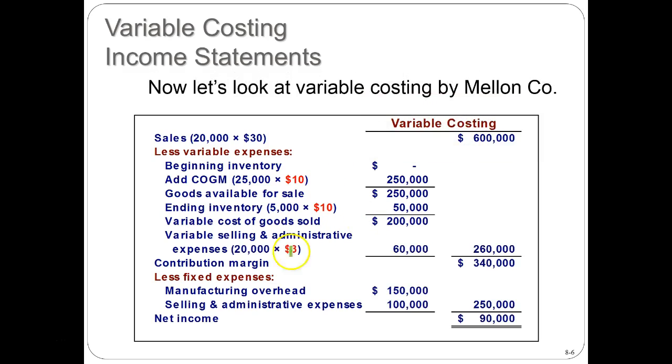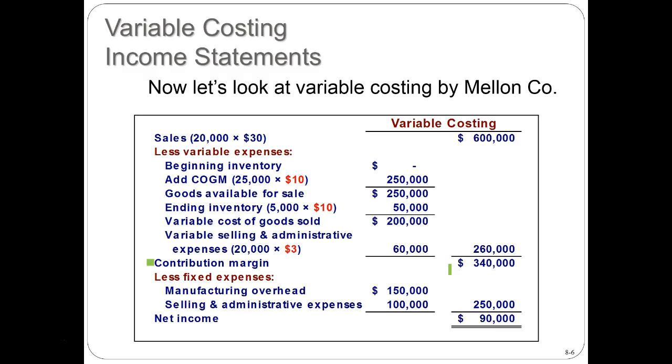Now, we're also going to put up here the variable selling and administrative expenses, and that is going to be the 20,000 times 3 gives us the 60,000. The 200 plus the 60 gives us the 260 here. We have basically a new term here, a contribution margin. The contribution margin is the 600,000 minus the variable costs of 260,000 gives us the 340,000.